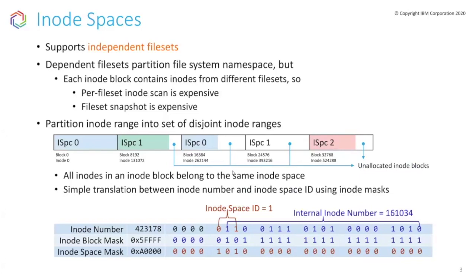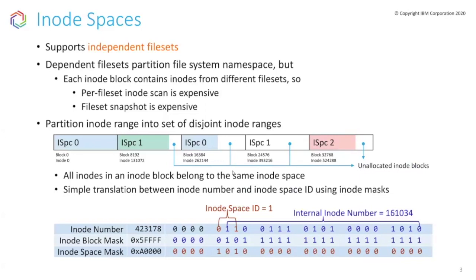So you are incurring the overhead of snapshotting a file set, same as snapshotting the entire file system, because you are copying inodes that you don't really need to.